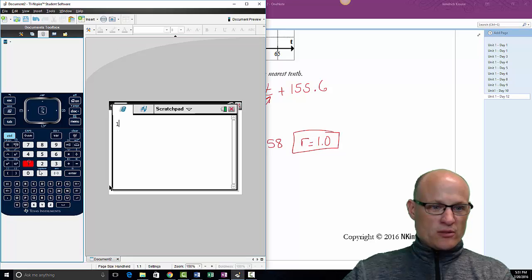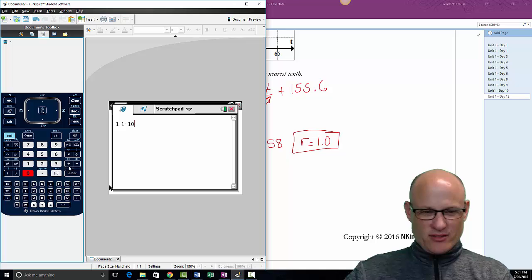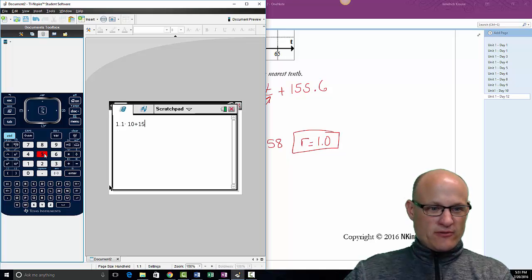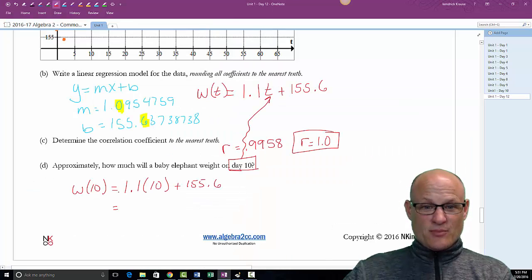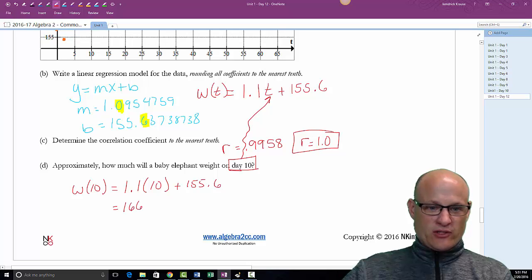So go to calculator. 1.1 times 10. Did I really need to do that? No, I could have just put 11 plus 155.6. Do I really need my calculator to know it's 166.6? I don't. But I probably should have picked a different number because that one's got too many sixes. 166.6. So w of 10 is 166.6.